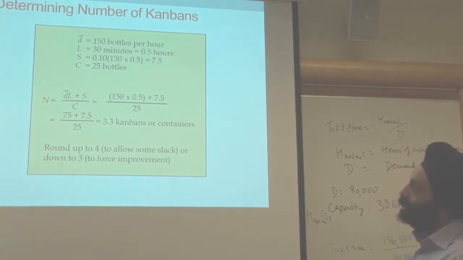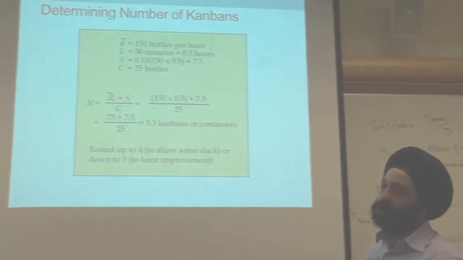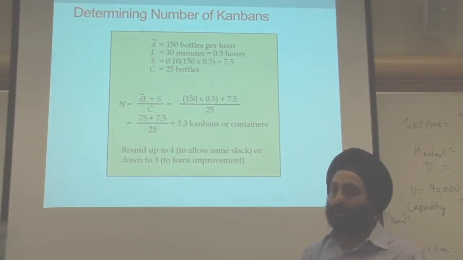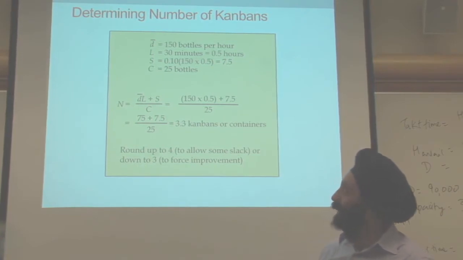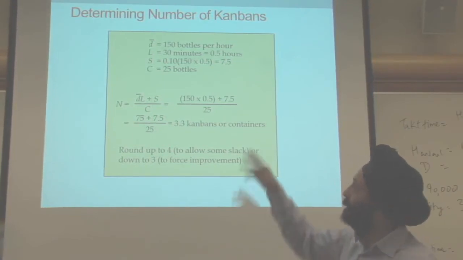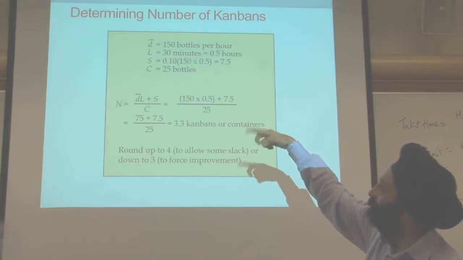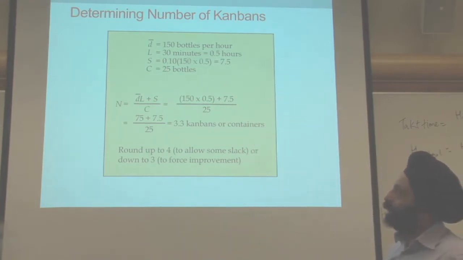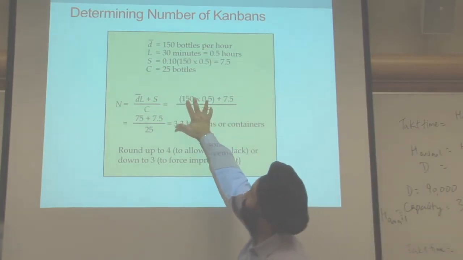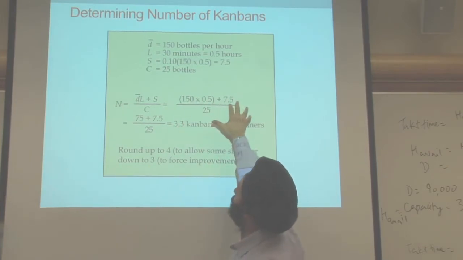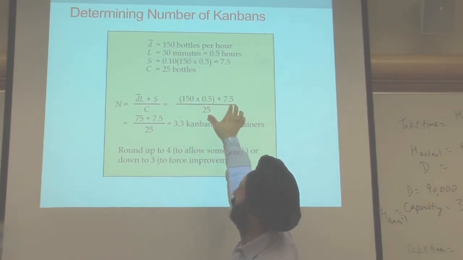So you want 10% of the total production during lead time as safety stock. So in this case, 150 times half an hour is 75 over here, plus 10% of that, which is 7.5. That's how this is being calculated.